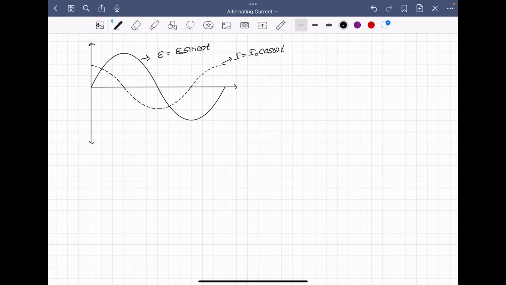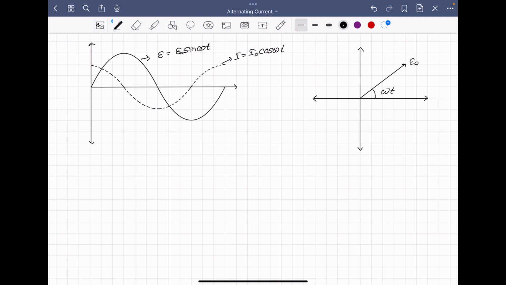Then we have to draw the phasor diagram. This is our E naught, this is our angle omega t. Here we know I leads EMF by phase pi by 2. Lead means the current vector, which in phasor is represented as a rotating vector, is in the third quadrant.